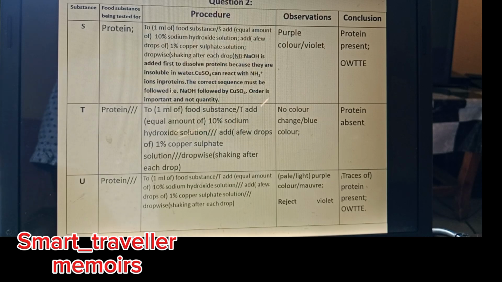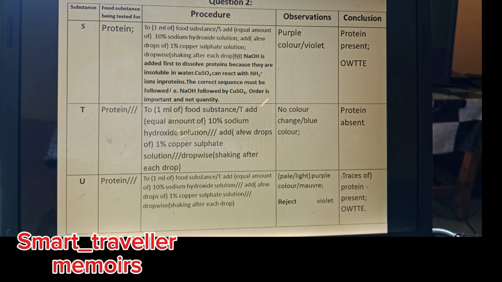Why is the food substance being tested protein? Because the reagents given were sodium hydroxide 10% and 1% copper sulfate, which are the reagents used to test protein. So you are not going to test any other food substances, because the reagents give you a hint of the food substance you are going to test.